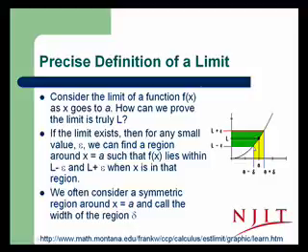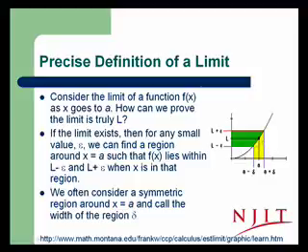If the limit exists, then no matter what epsilon we pick, no matter how small our epsilon, we can find this A plus or minus delta region such that all the y values will lie within L minus epsilon and L plus epsilon. There's no y value in this region from A minus delta to A plus delta in x where the y value goes beyond this green region.